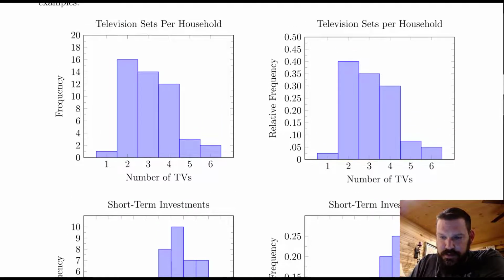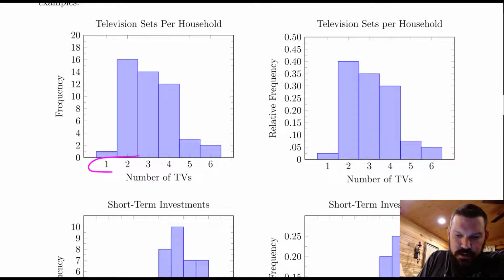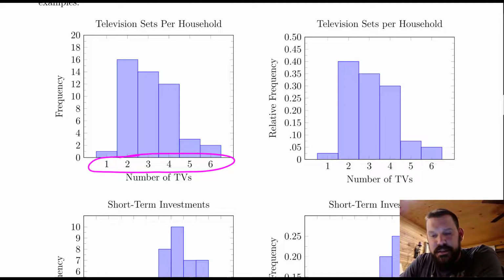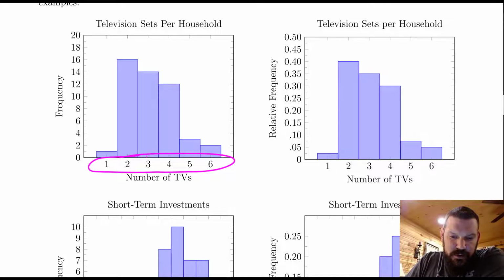The other thing I also want to point out is the difference in the graphs. One of the primary differences falls in how we label the x-axis. When we are using a single value grouping, the numbers that we're using to represent each specific discrete value, we put in the middle of the bar. So you can see 3, 2, 1, 4, 5, and 6.